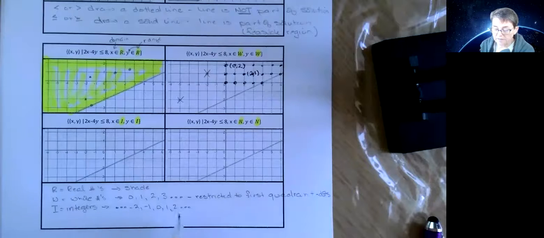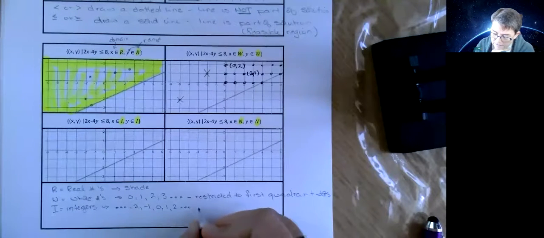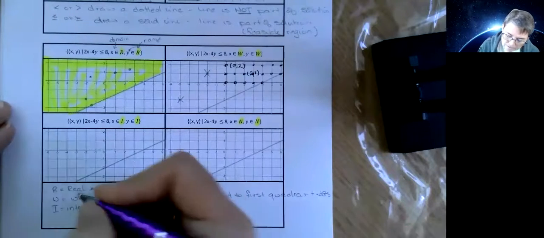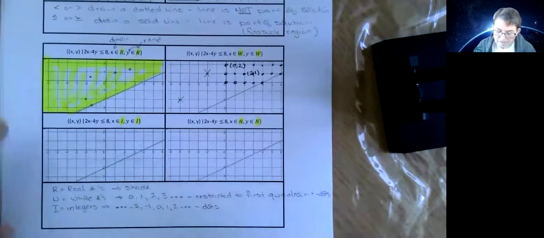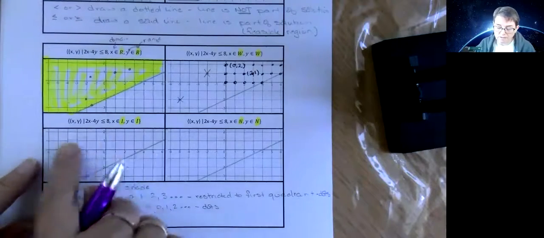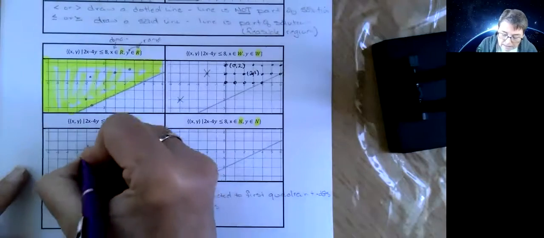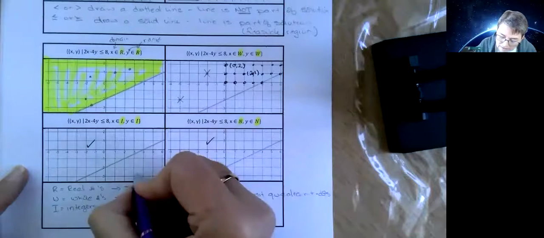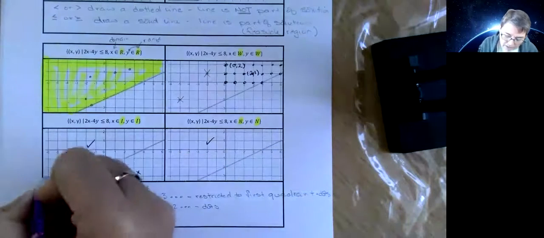However, you are restricted to whole numbers, so it's where the lines cross. And it's going to be dots again. So again, we're working with the original one where we know the answer is up here somewhere. So this is the correct side. This is the correct side. This is not so much. Okay, so integers.